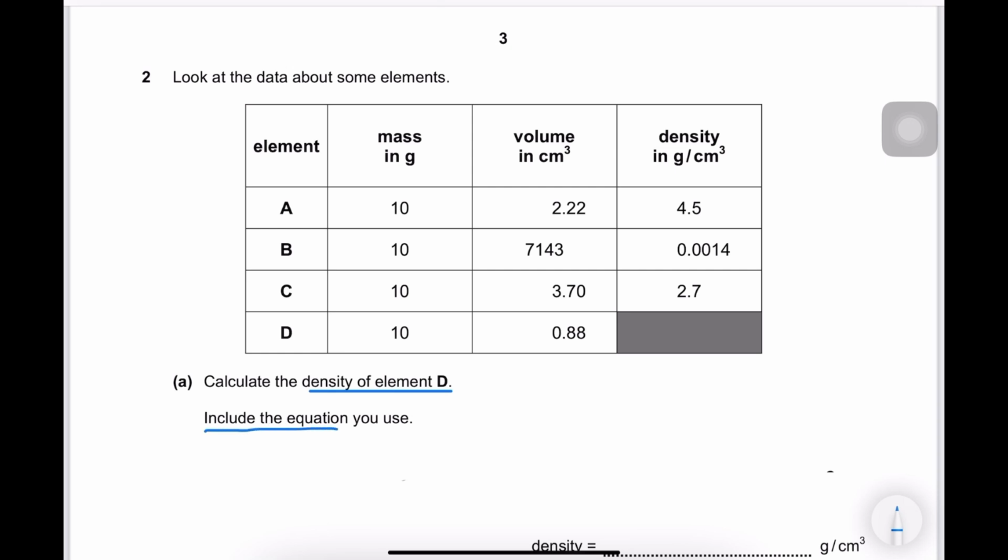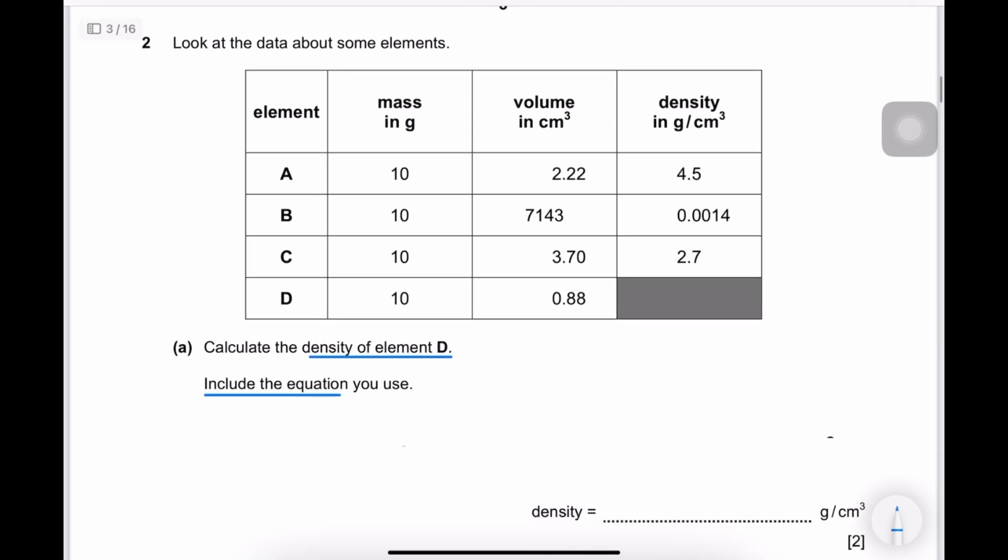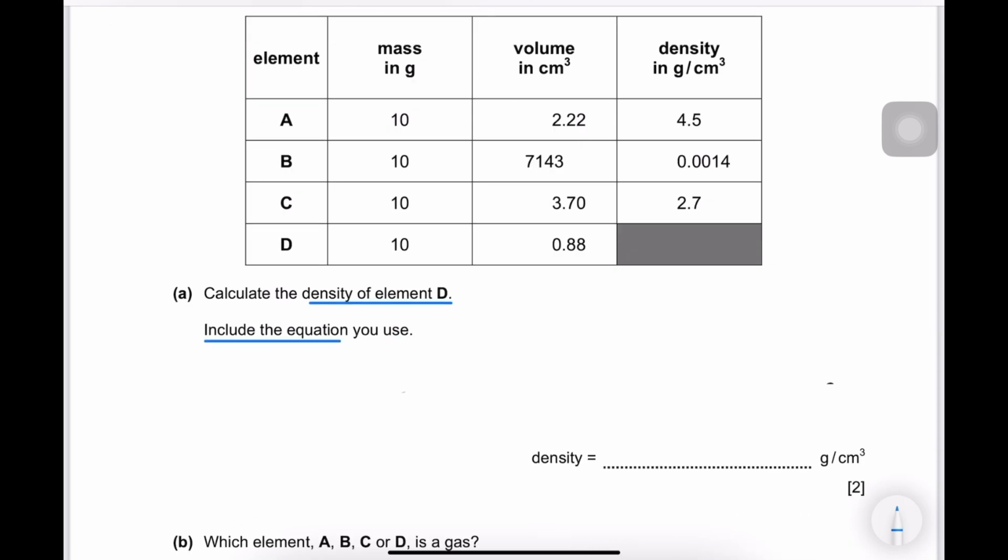Question 2 is a quick density calculation. We are given mass and volume in the table above, and we will list the formula. Density equals mass divided by volume.